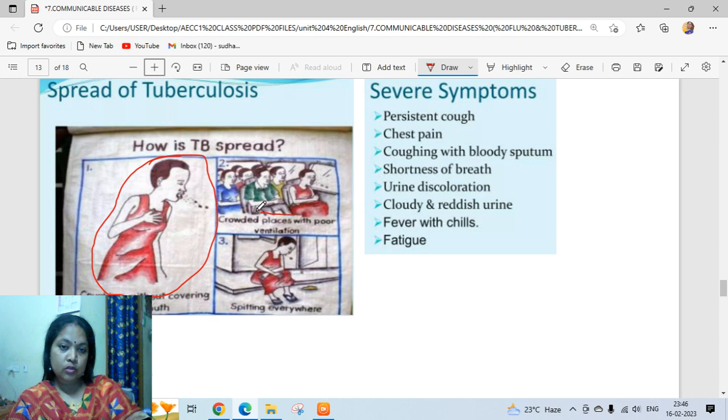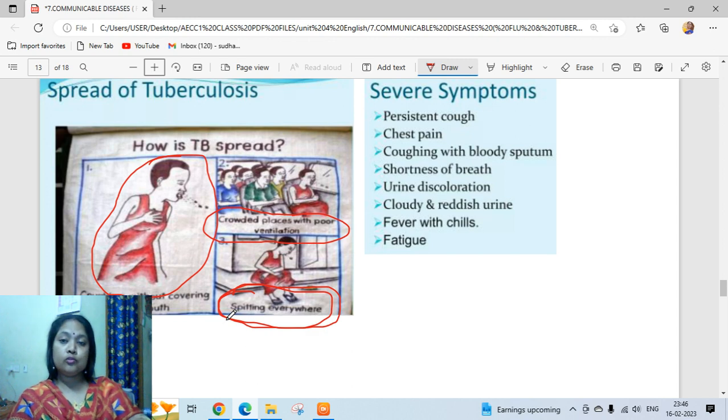Crowded places with poor ventilation also spread the droplets inside the room, and when a healthy person comes in contact with them, that person will also be affected by TB, because it is an airborne disease. If an infected person spits everywhere, it will spread to healthy persons through the spit or droplets.